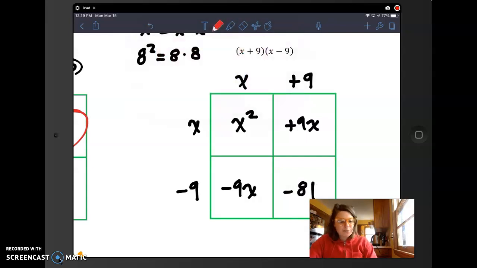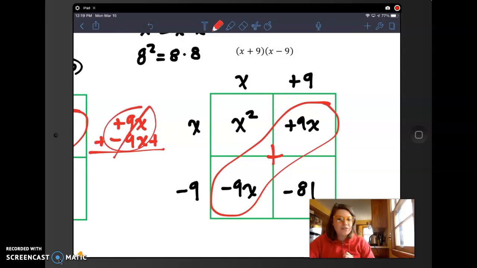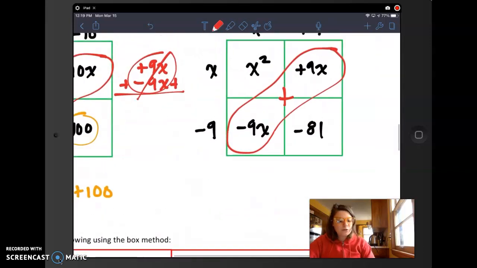Something special does happen. Here we have a positive 9 and a negative 9. And if you remember from our elimination unit we just got done with, creating 0 is something that we really, really like in math. A positive and a negative of the same number create a 0 when you add them together. And so we could make a big 0 across the diagonal, combining our like terms.